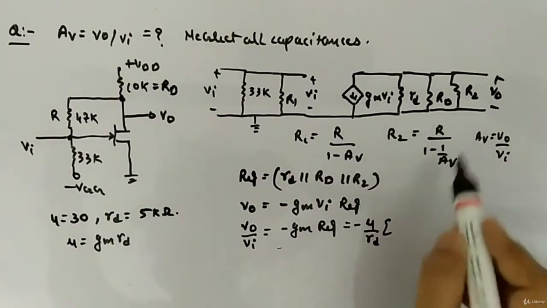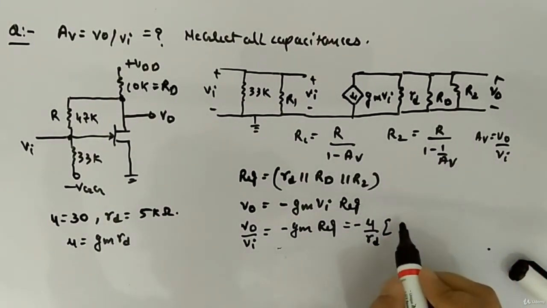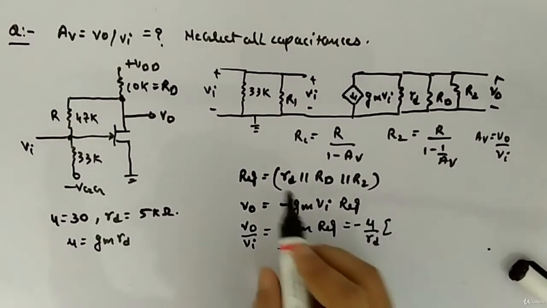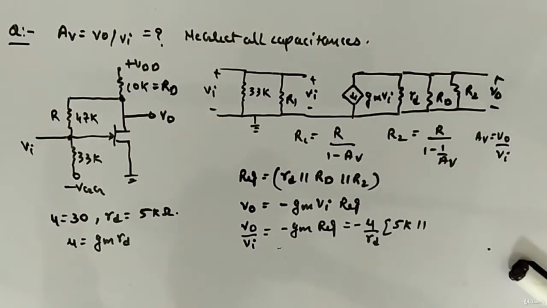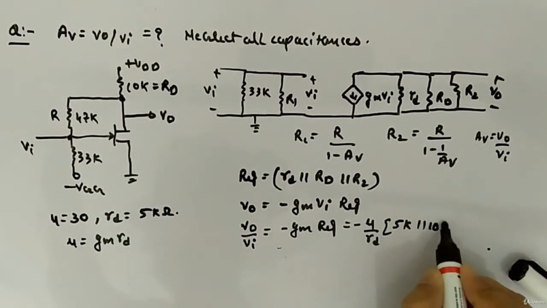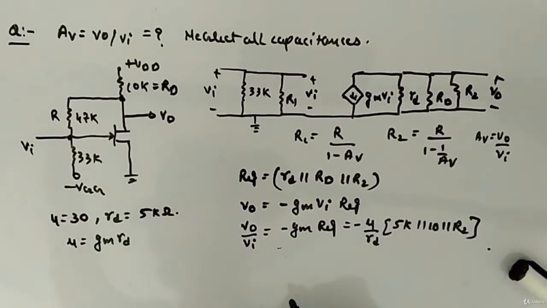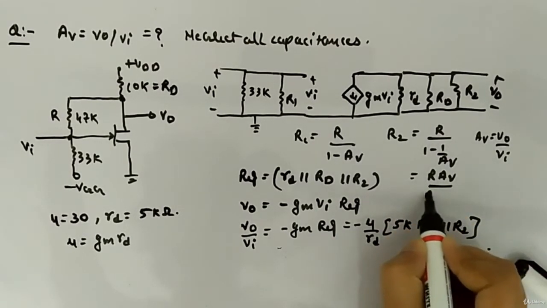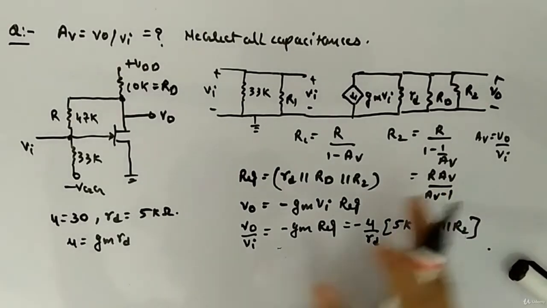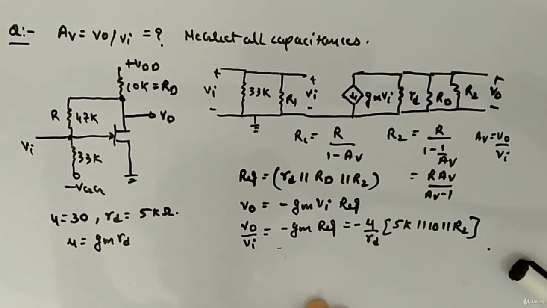If I write in values, this will be 5k parallel with 10k parallel with R2, where R2 you can simplify as R AV divided by AV minus 1, where the value of R is 47k. Ultimately you get this expression. You plug in the values of all the variables and you will get the gain.